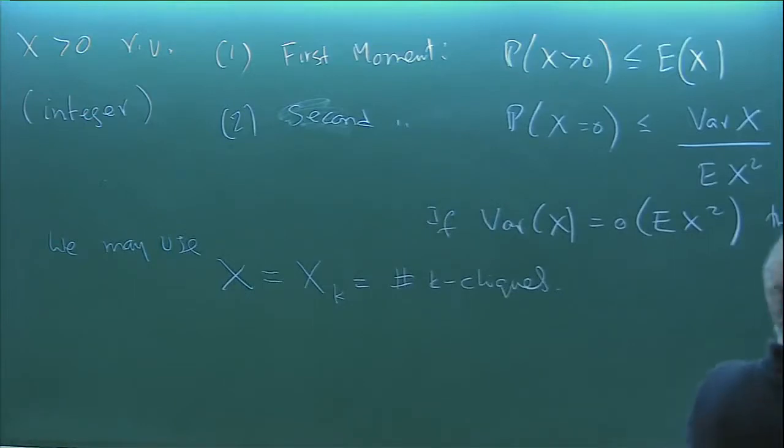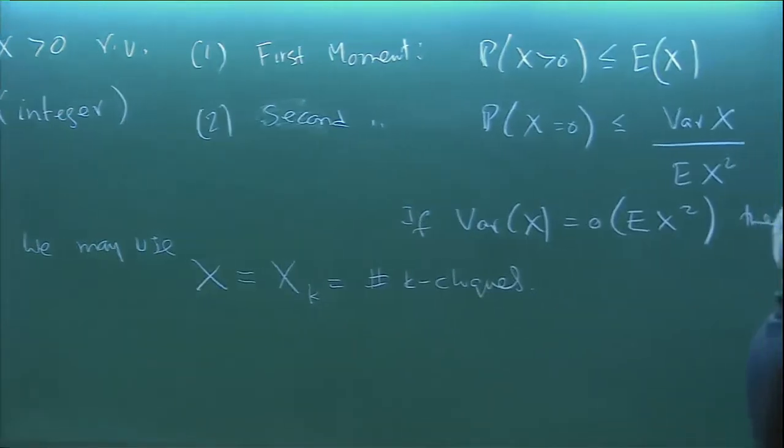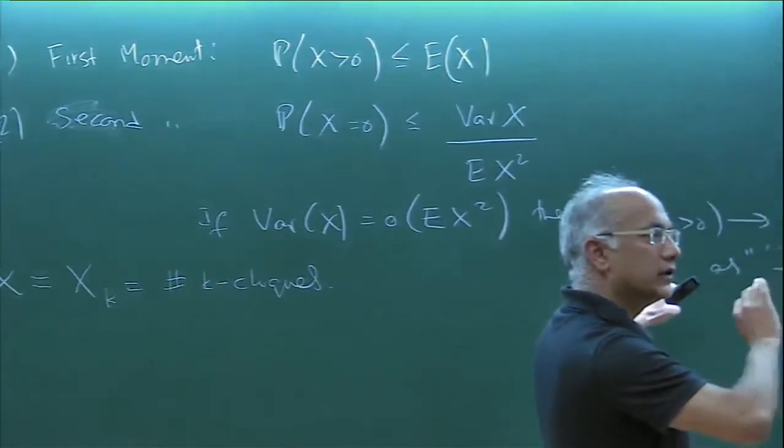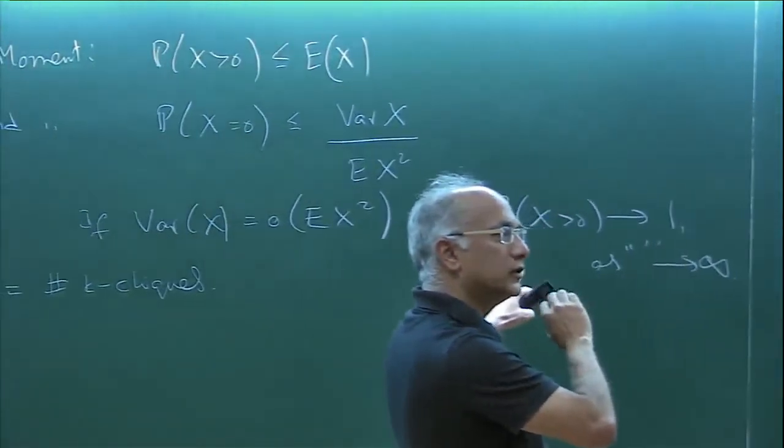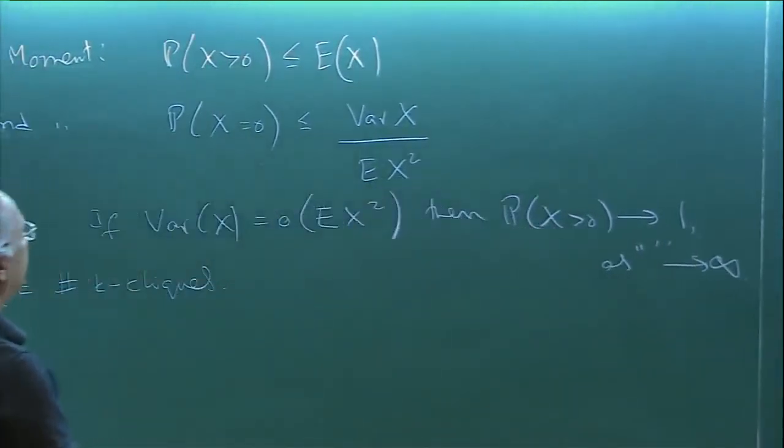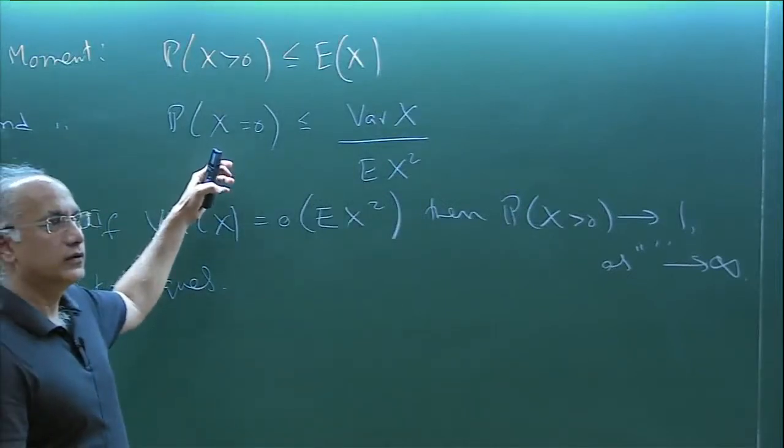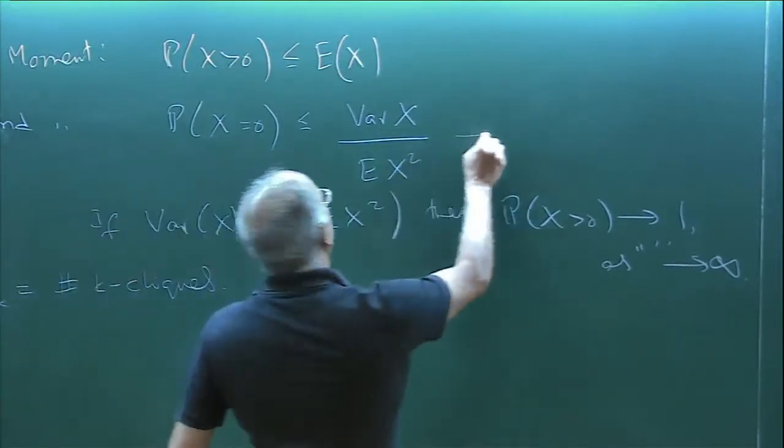I just want to show X is for the clique number or in general usually? So I know X is non-negative. I just want to show this goes to 0.